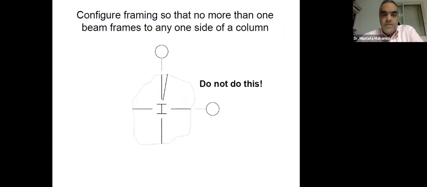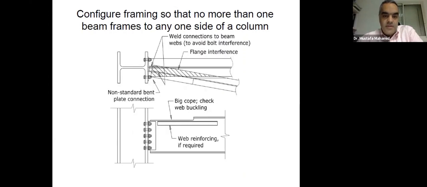Configure framing so that no more than 1 beam frames to any one side of the column. In a plan, it's just a line, and you could do something like that. But when you detail the connection, you have flanges and you have the flange width. This will of course complicate the connection at that location.